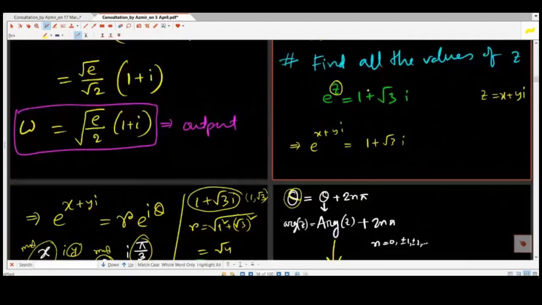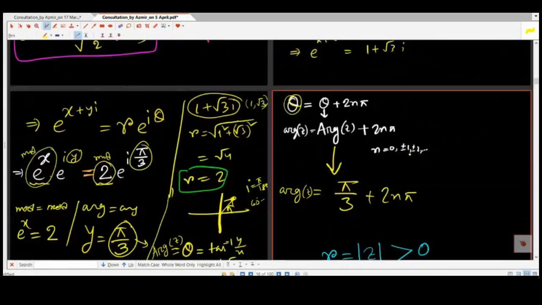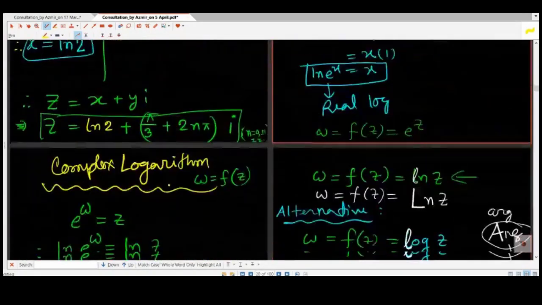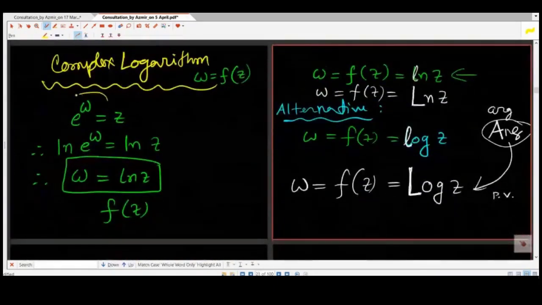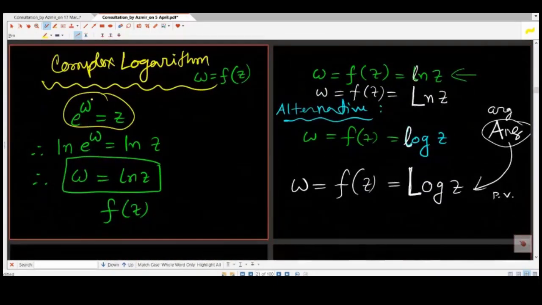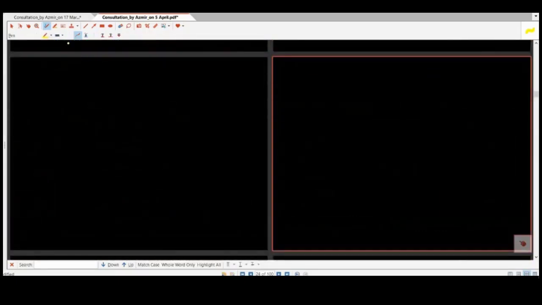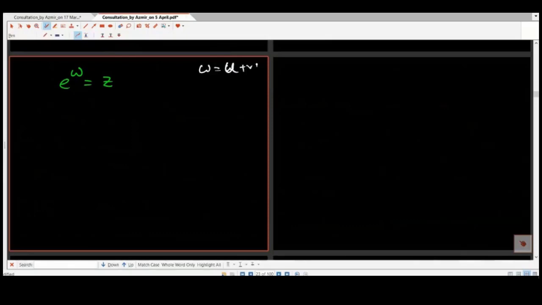So just like this example, here we have e to the z equals 1 plus the square root of 3 i. The process that we have followed here, we will follow the same process to solve this equation. So let's say we have again e to the w equals z. We know that w equals u plus vi.